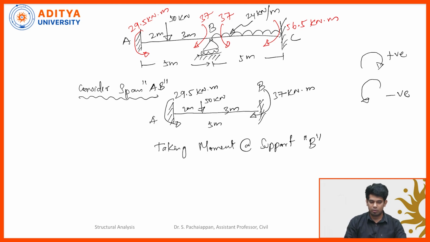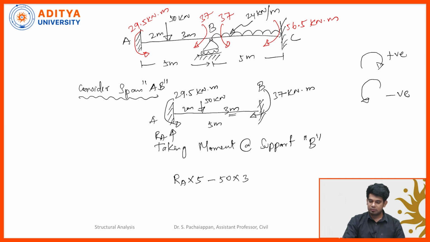Now I am taking moment at B. I am interested in calculating the value of RA. You can see the moment is force multiplied by the perpendicular distance. We have the reaction at support which is RA. So RA multiplied by the perpendicular distance, 5 meters. And then there is a load acting in the downward direction, which is minus 50 multiplied by the remaining perpendicular distance 3.